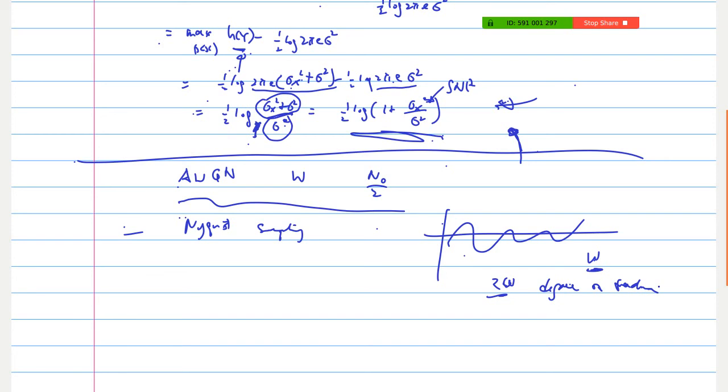You can think of this 2W degrees of freedom as 2W parallel Gaussian channels, like this one here. Therefore, the total capacity will be simply T times 2W times 1/2 log(1 plus SNR).